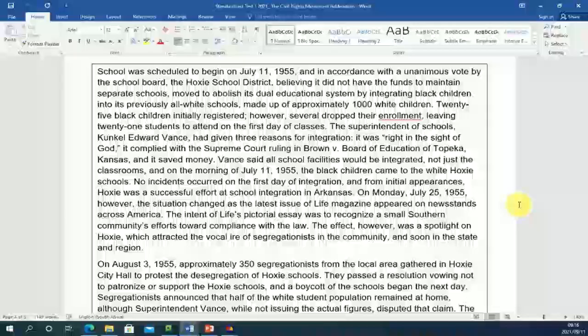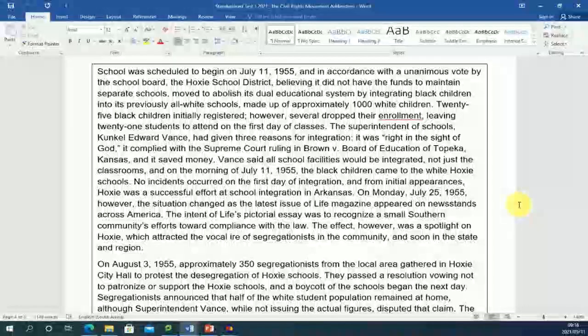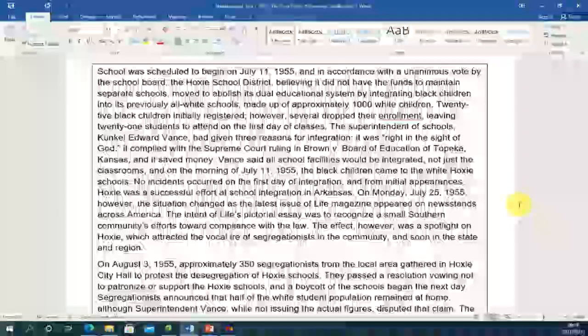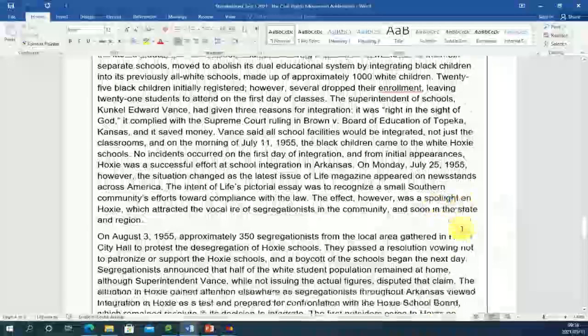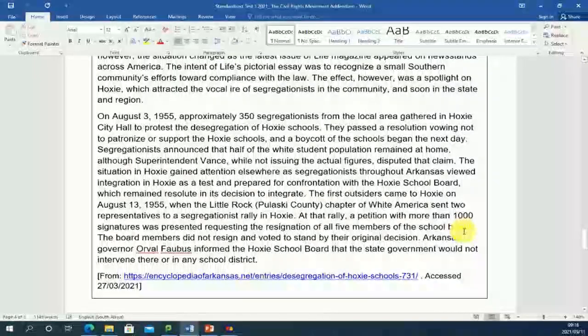This effect, however, was a spotlight on Hoxie, which attracted the vocal ire of segregationists in the community, and soon in the state and region. On the 3rd of August 1955, approximately 350 segregationists from the local area gathered in Hoxie City Hall to protest the desegregation of Hoxie schools. They passed a resolution vowing not to patronize or support the Hoxie schools, and a boycott of the schools began the next day.